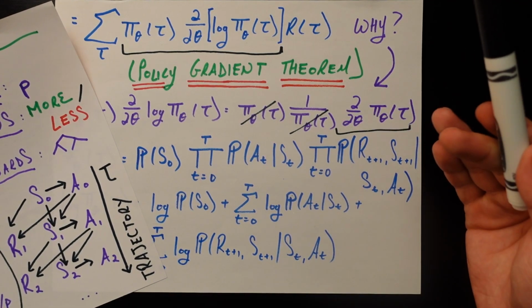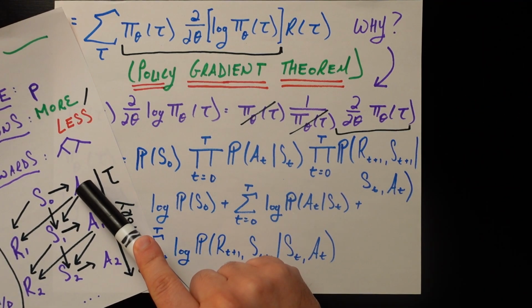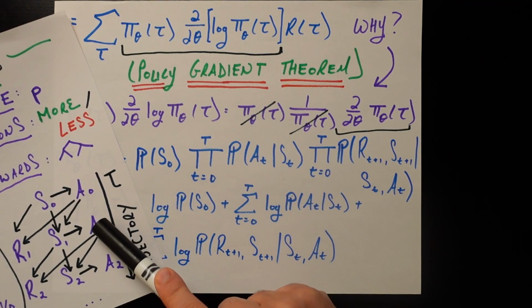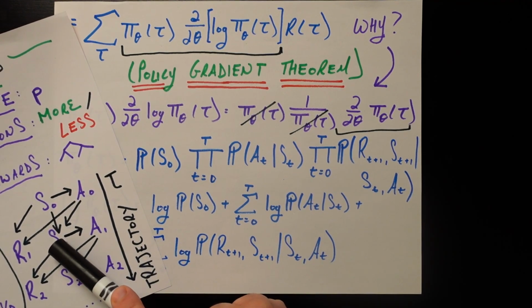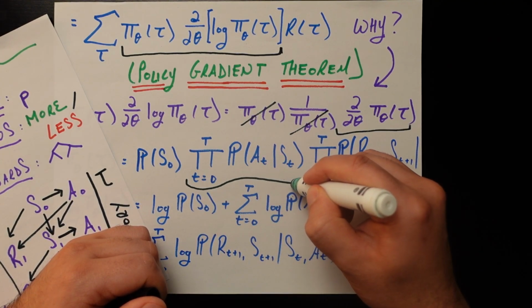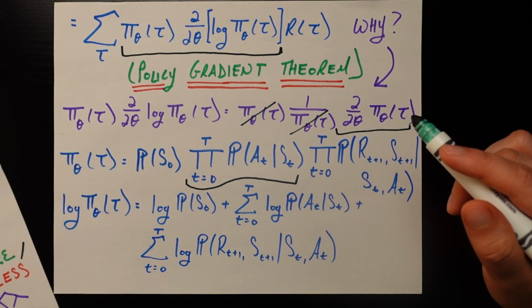I called this out a couple times, and here's where that comes to fruition. The action in the first time step only depends on the state in the first time step. The action in the second time step only depends on the state in the second time step. That's exactly the terms you're seeing right here: the probability of taking a certain action given the state in that time step.